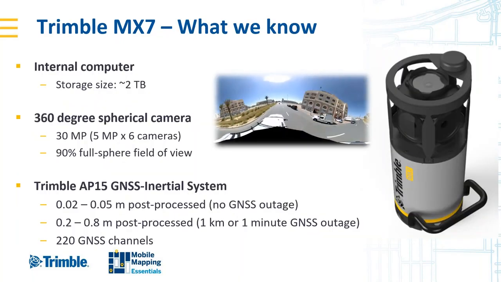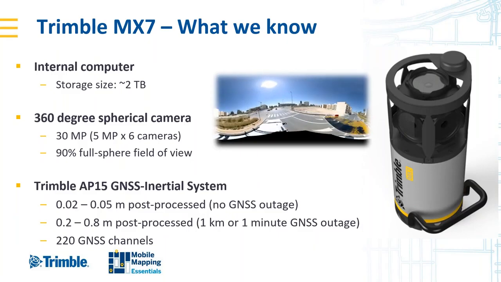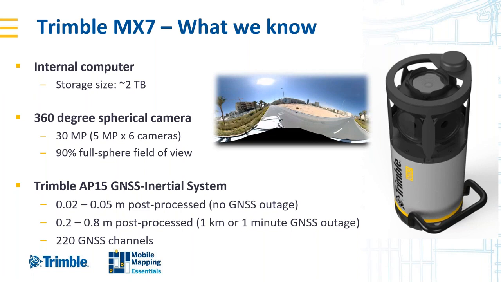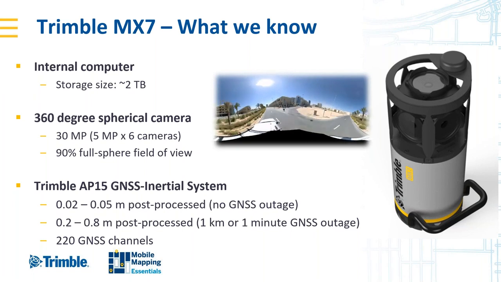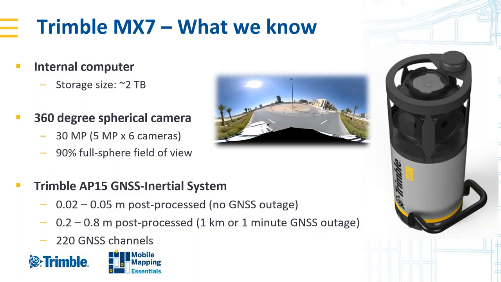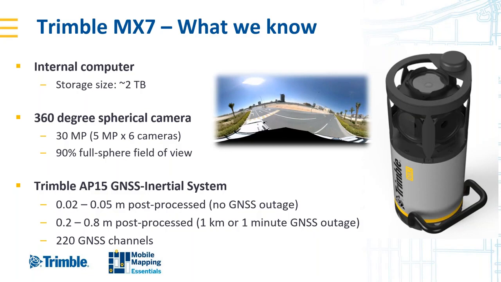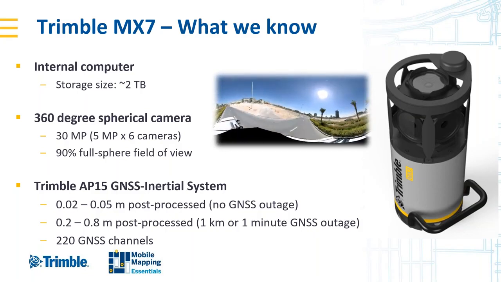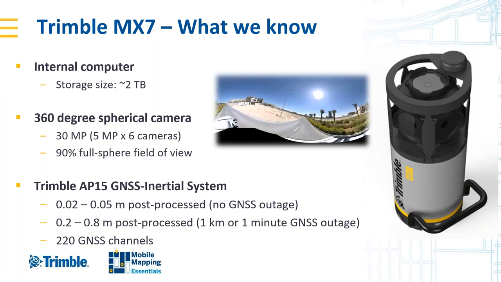So the MX7, you'll see the image there is capturing the 360-degree image. That's what we get from the MX7. Inside we have 2 terabytes of storage. We have our 360-degree spherical camera with 30 megapixels in total, so that's 6 cameras, each of 5 megapixels.